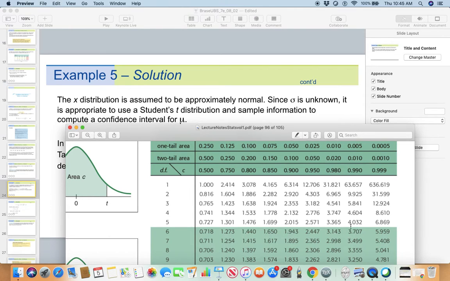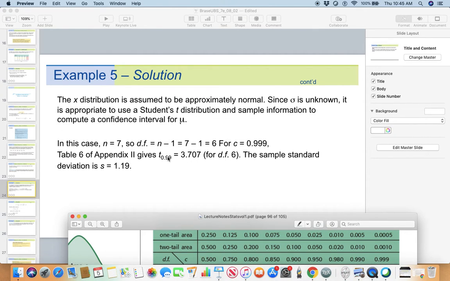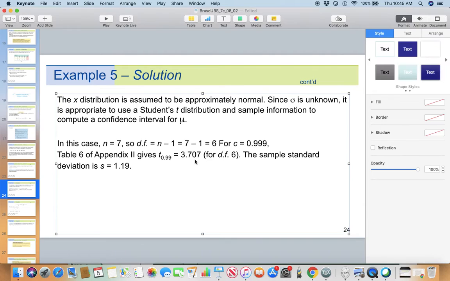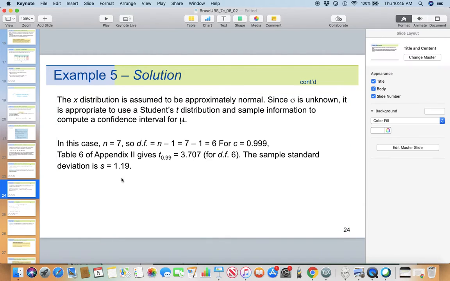So I get t_c is 3.707. We already know the standard deviation is 1.19.